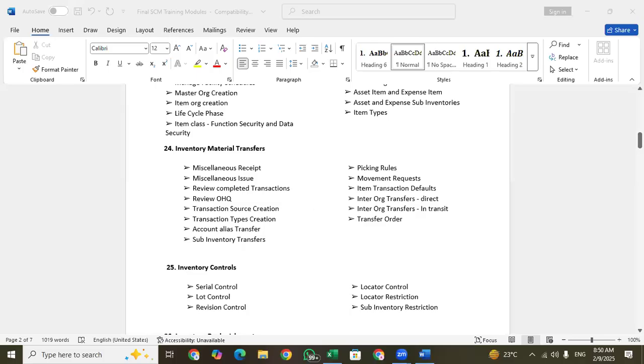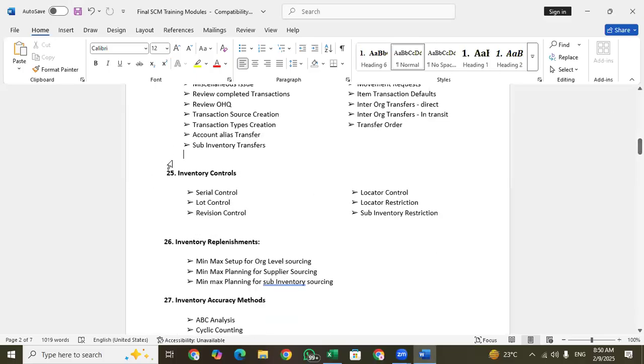Then inventory controls. There are inventory controls, right? Whenever you buy a mobile from the showroom, there is a serial number on it. After 1 year, you get some problem with the mobile and you go to the showroom and that person asks what the serial number is.